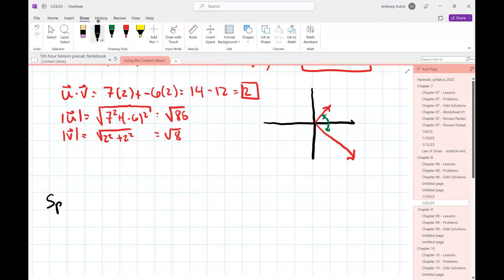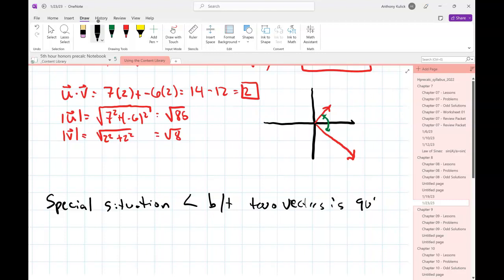There's a special situation that we'll often be interested in, and that's where the angle between two vectors is 90 degrees.